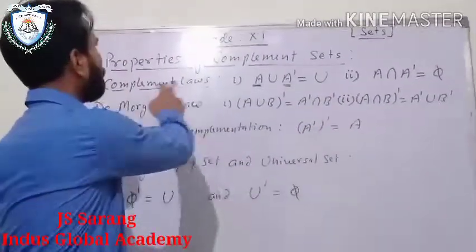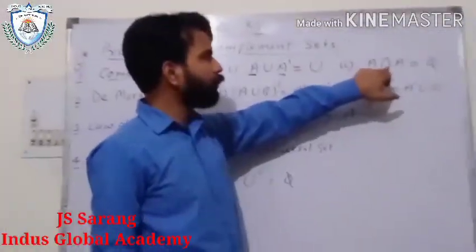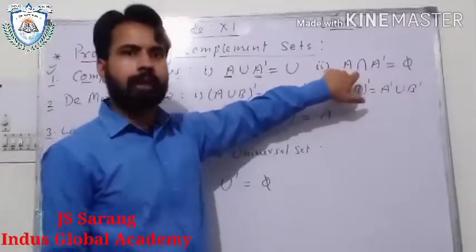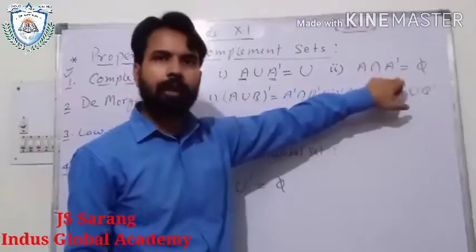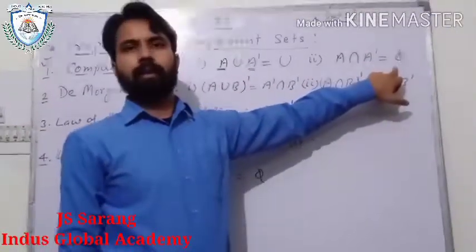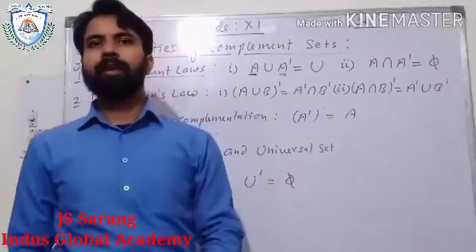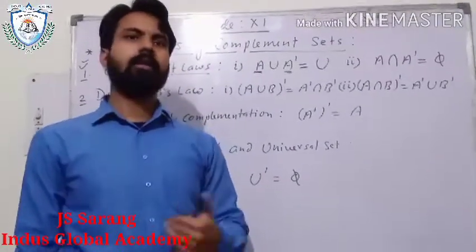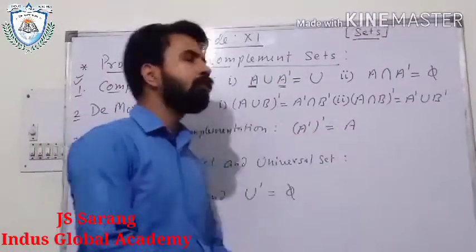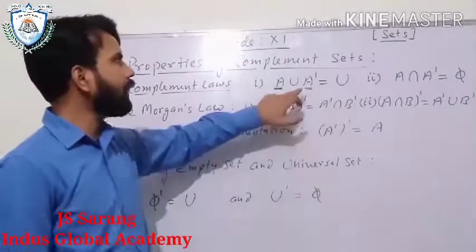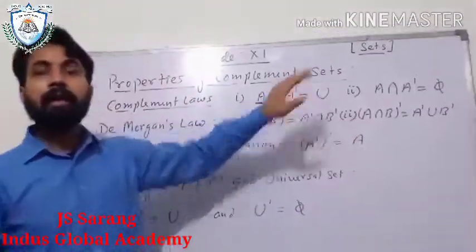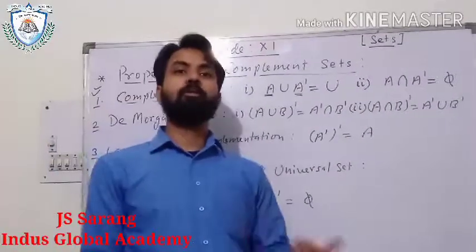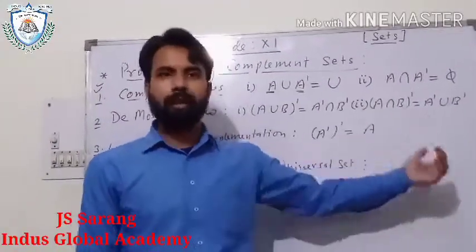The second complement law is, if we want to find the intersection of a set with its complement, A intersection A complement, then we will get phi. And you know what is phi? Phi is an empty set or null set. So the union of a set and its complement is always the universal set, and the intersection of a set with its complement gives phi.